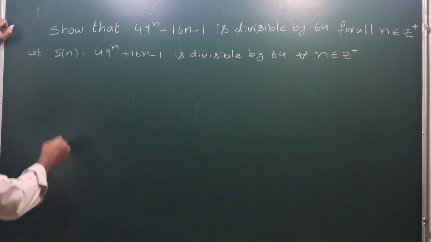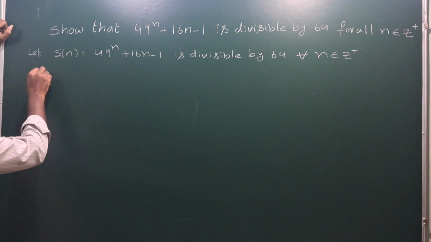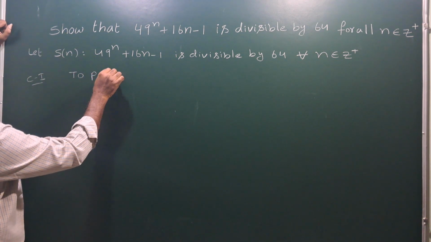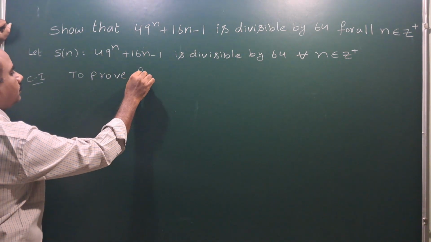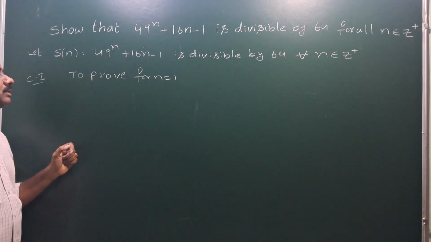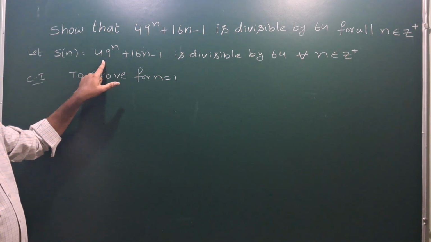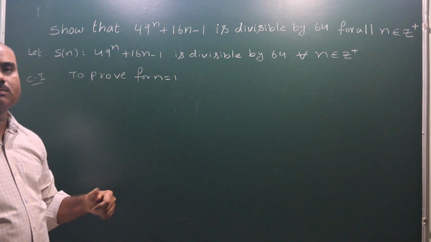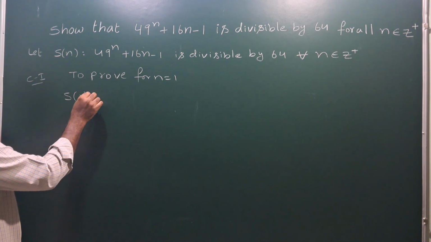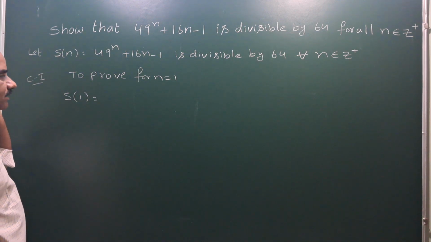So let us see. Case 1, to prove for n is equal to 1. That means we have to prove this statement is divisible by 64 for n is equal to 1. So S of n becomes S of 1, that means replace n with 1.